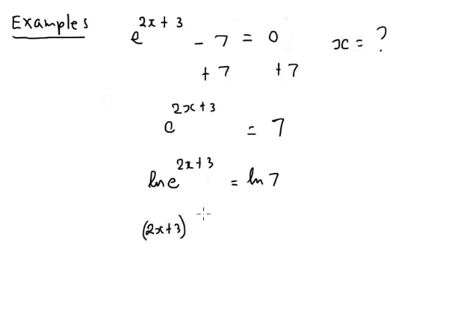Please be careful when you do this. You need brackets there, all together. Then what can we simplify there? ln e, what is it equal to? 1. So we've got now 2x plus 3 equals ln 7.